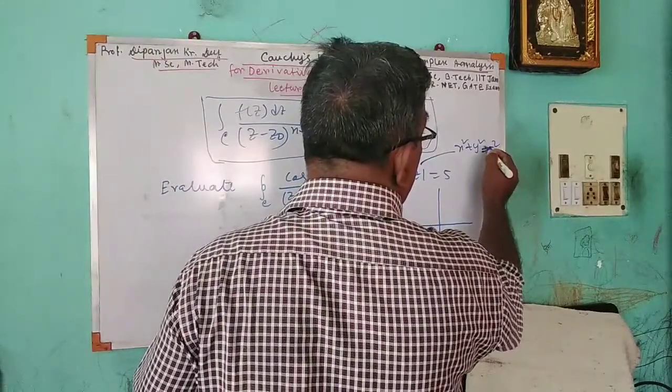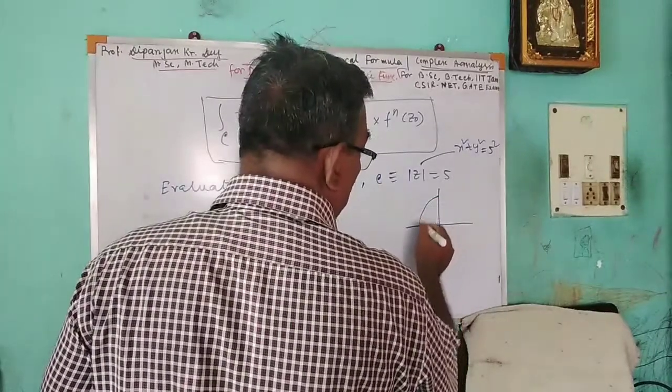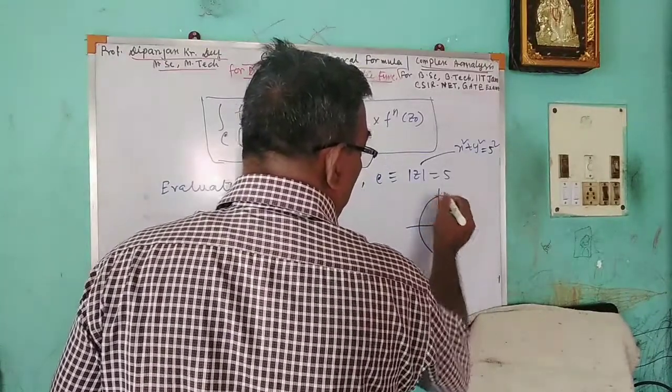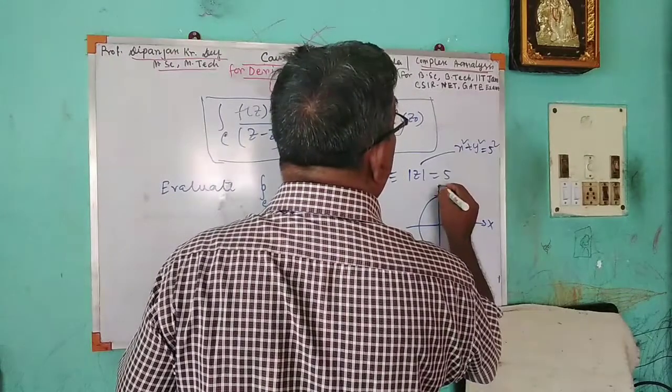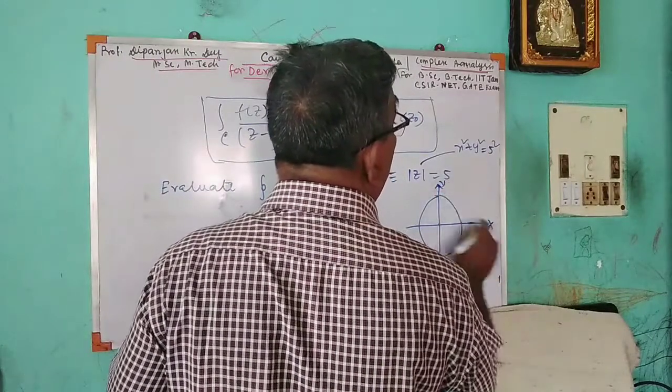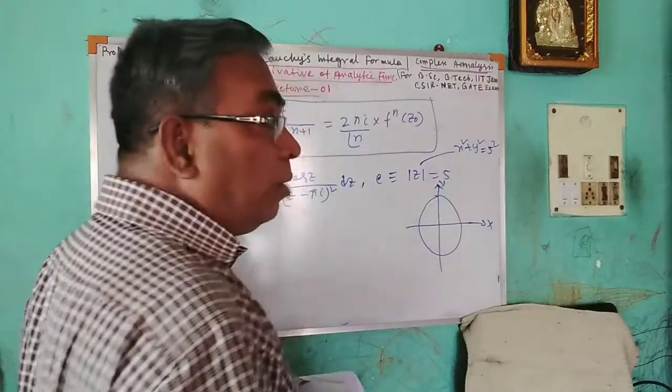So this is the equation of a circle whose center is 0, 0. This is the x axis, or real axis, and this is the y axis, or imaginary axis.